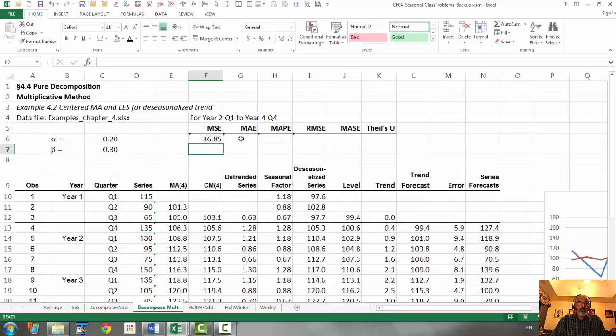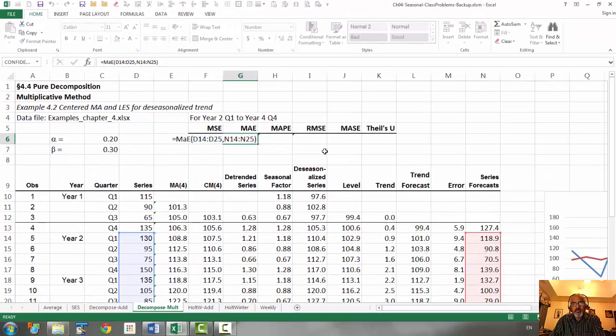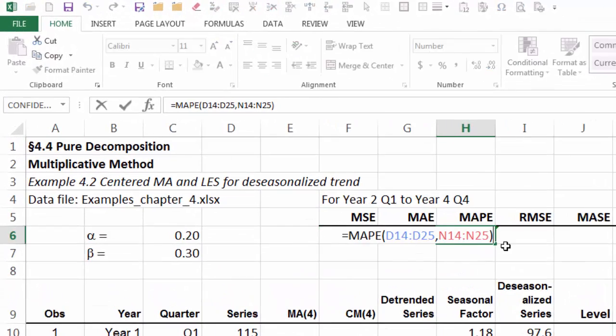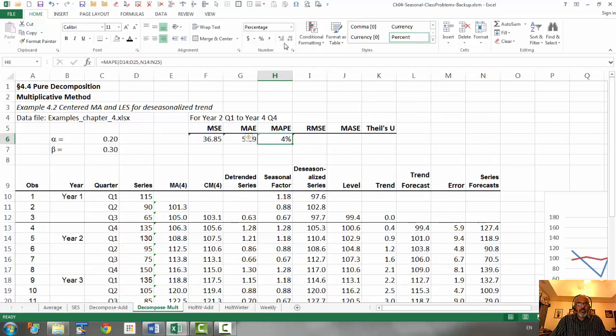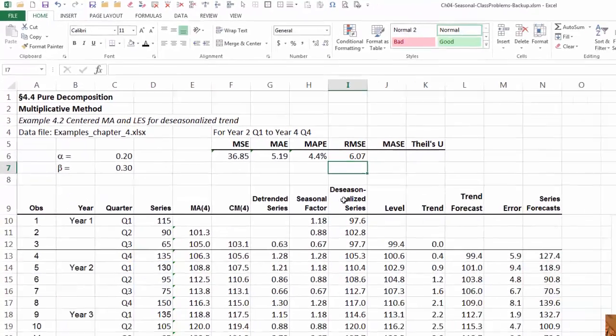Okay, and then MAE, same ranges. Similar formula for MAPE, same ranges. We'll make that into a percentage. And RMSE, again, same ranges.